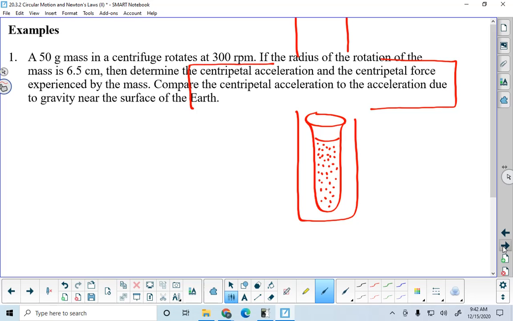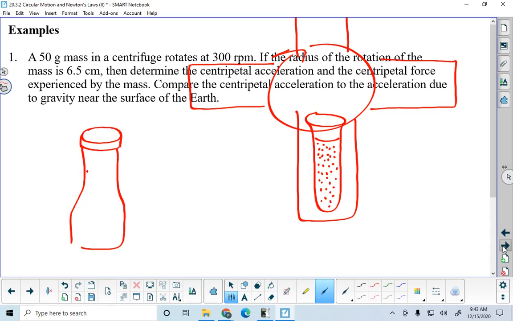that you would put other test tubes in, and this thing spins very fast. If you've ever had a bottle of ketchup at home and you don't have much ketchup left, but you want to get the ketchup to the end, so here is a ketchup bottle. Let's say it's a glass ketchup bottle, and there's ketchup stuck to the end here. What you do is you turn it upside down and hold it so the lid is towards the bottom, and then you could hit it, or this works better, try it, swing it around.